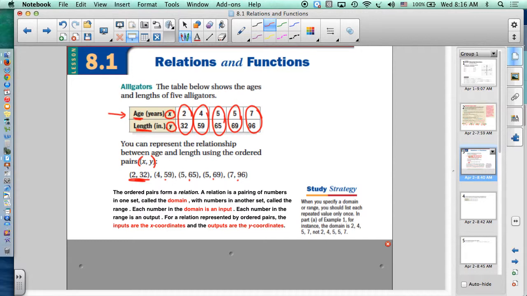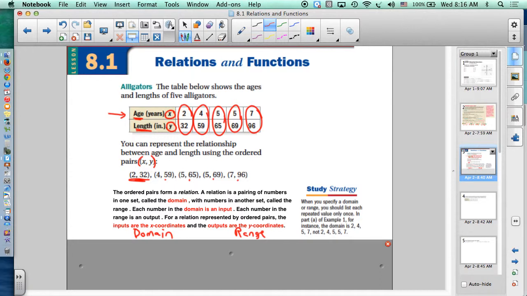For a relation that's represented by ordered pairs, we always have our inputs or our domain or our x values, and our outputs are our y coordinates. So again, x coordinates are our domain, y coordinates are what we call our range. Or inputs are domain, outputs are range.